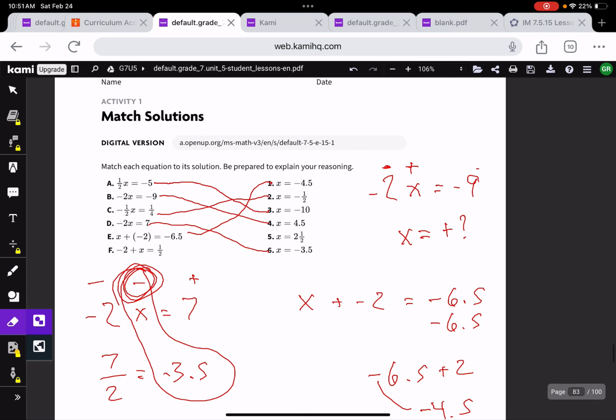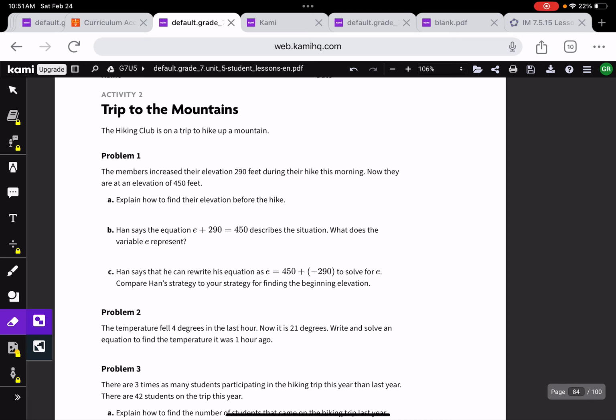Activity 2 is ridiculously important, and one of the more important lessons, I could say, if we do activity 2 and we get it and we can understand it. Probably top 10 things to understand in all of 7th grade math.